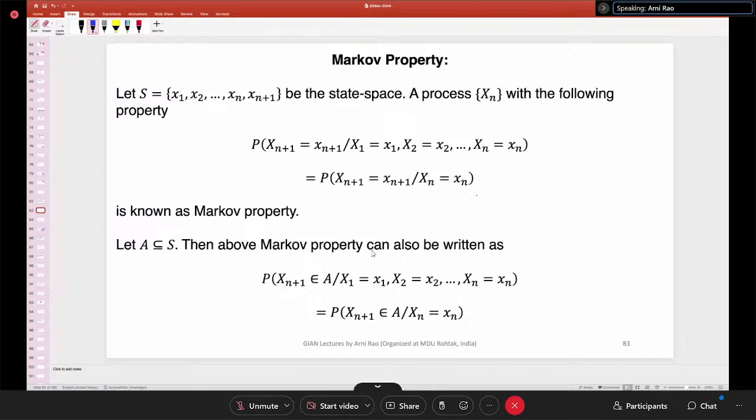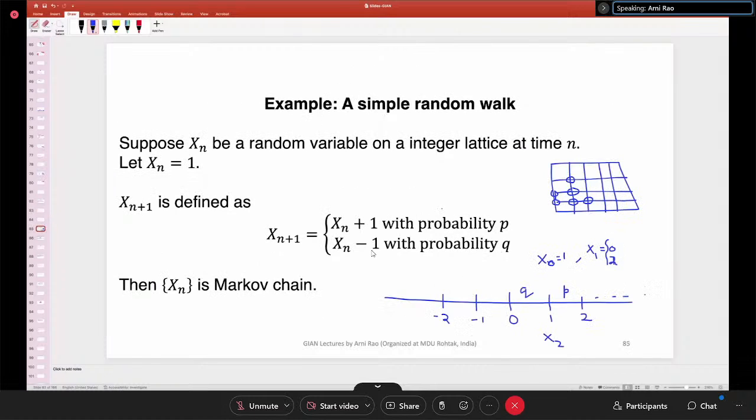We are not saying this is happening. A process which has such a property is known as the Markov property. In a random walk example, you see that the position of x2 depends only on the position of x1, not on the position of x0. History doesn't matter here. Only one step matters.